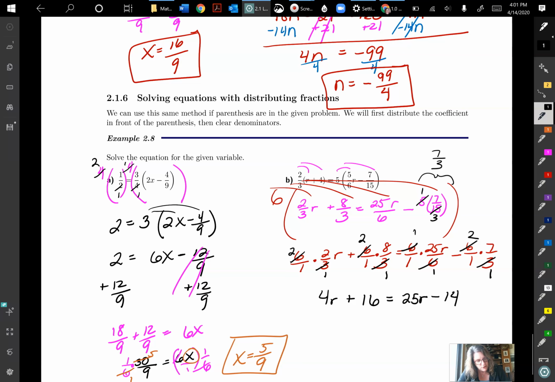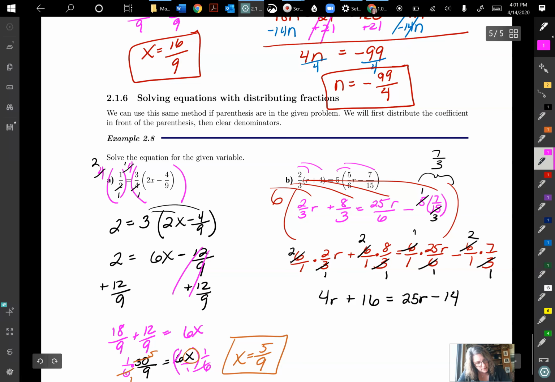Then we're going to follow the process that we've been using, and you may be able to do that just on your own. I'm going to do it in one line here. So I'm going to subtract 4r from both sides, and then I've done that calculation. So I want to cross that out, and then I'm going to add 14 to both sides. This way I don't end up with 0 on one side weirdly.